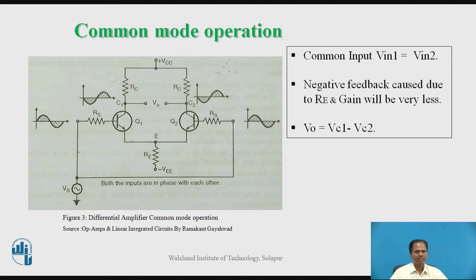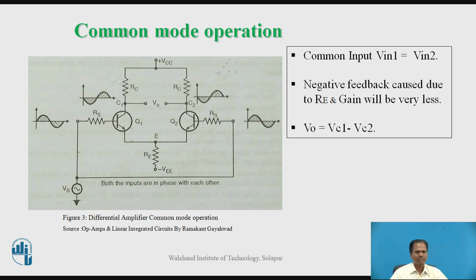And now let us discuss the operation of the differential amplifier in common mode operation. This is when input voltages of equal magnitude and the same polarity are applied to the two input terminals of the differential amplifier, that is, the base terminals of transistors Q1 and Q2. Now consider when both input voltages are positive with respect to ground. During a positive half cycle of the input signal, the voltage is positive at the base of transistor Q1 as well as at the base of transistor Q2.